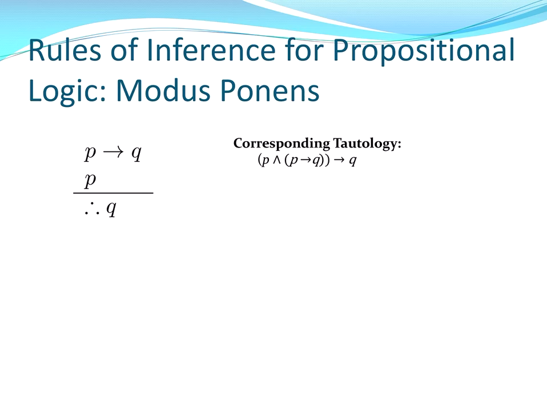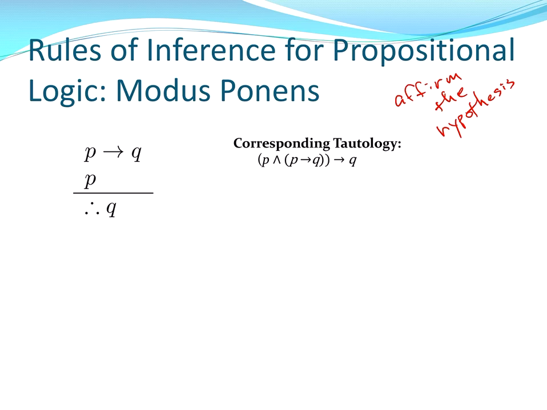All right, so here's the first one. The first rule of inference is called modus ponens, and the meaning of this is to affirm the hypothesis, a mode of affirming by affirming the hypothesis. That's what modus ponens means.